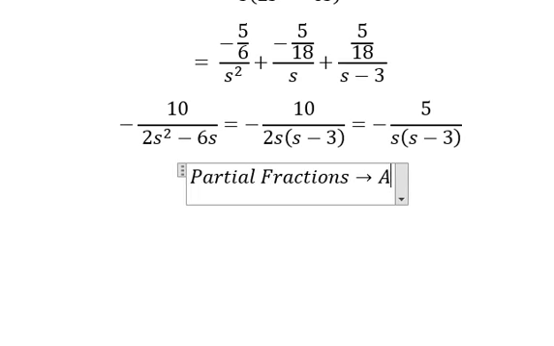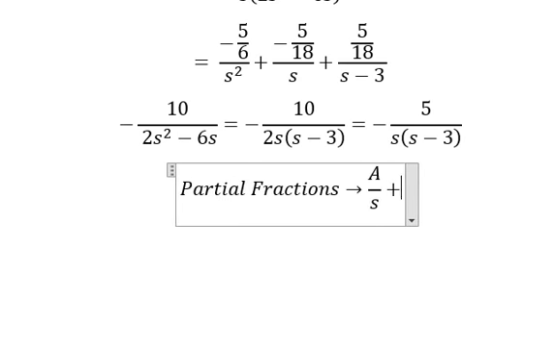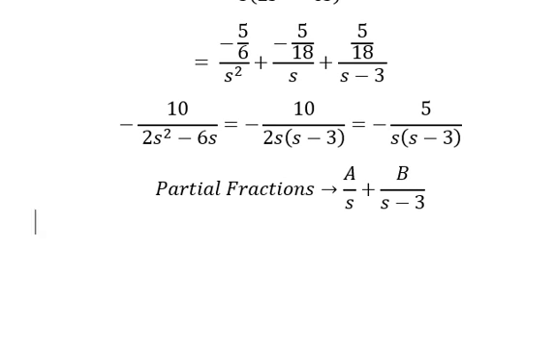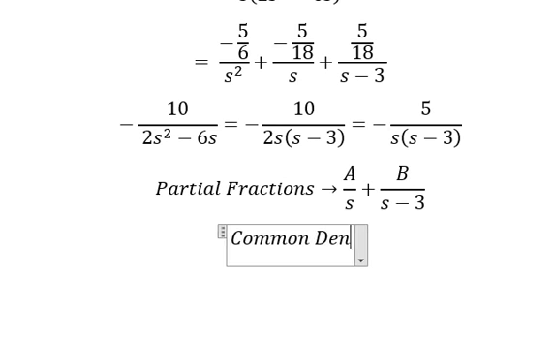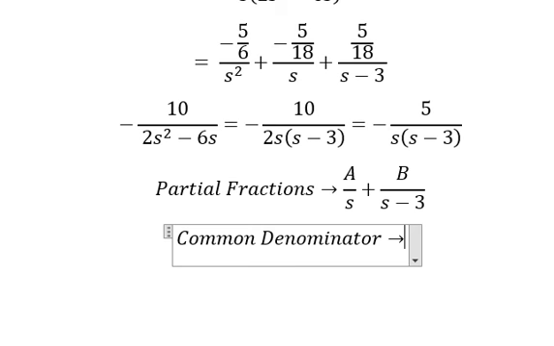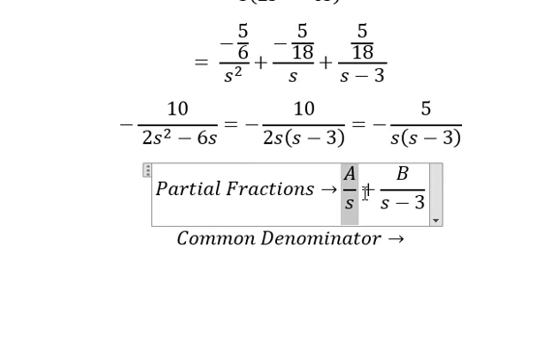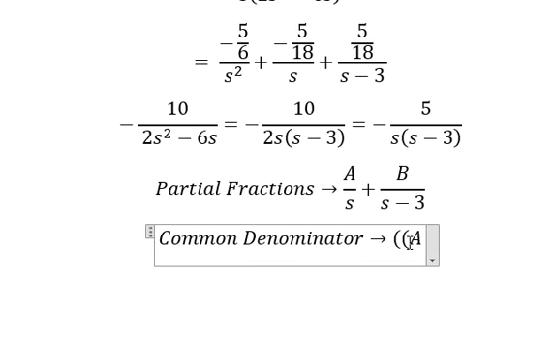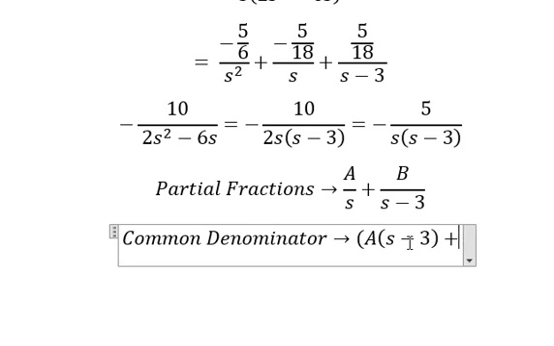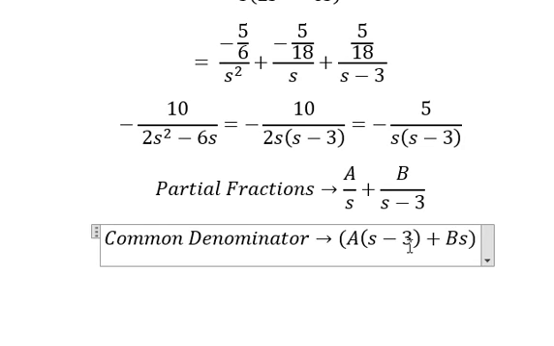So I will put capital A over h, capital B over h minus 3. Now we do common denominator. So this one we multiply by h minus 3. Similar for B.